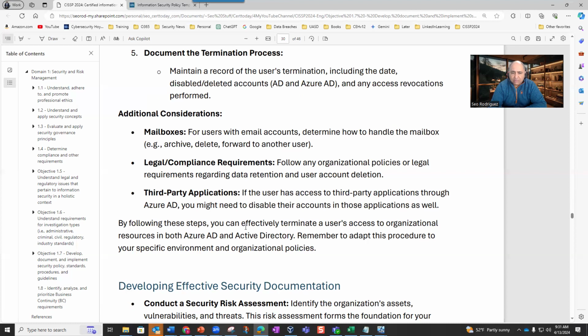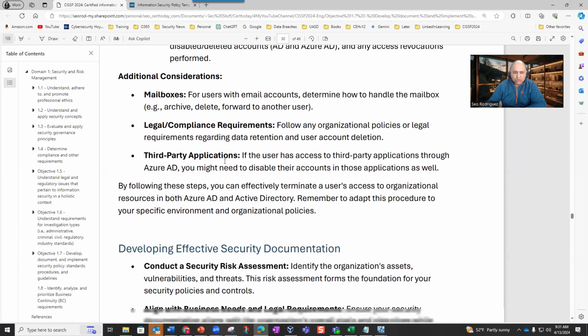There have been many cases in which disgruntled former employees with malicious intentions caused harm because those accounts were not properly terminated. So it's really important to keep that in mind.